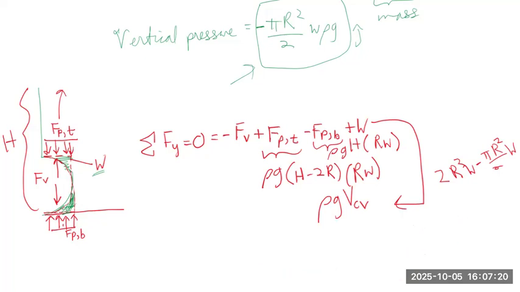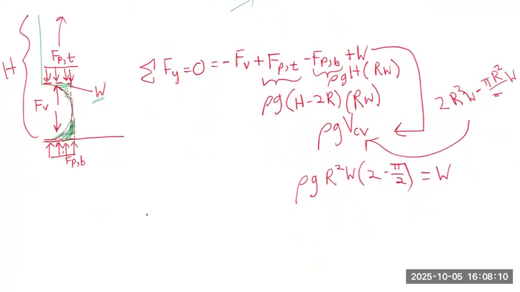We can plug it in for V_CV. Basically, this will give us rho g R squared W times 2 minus pi over 2. And this will be the weight.